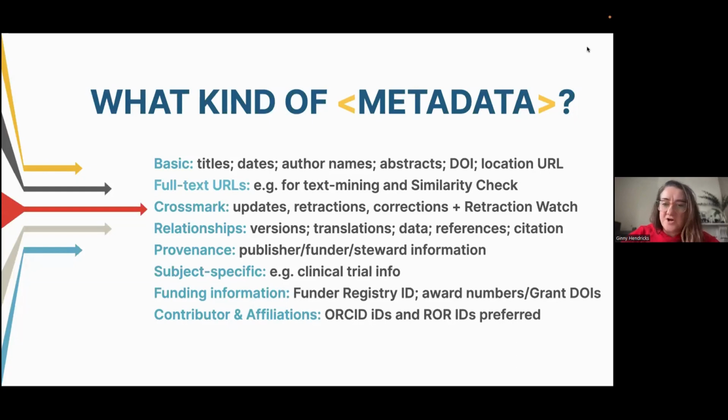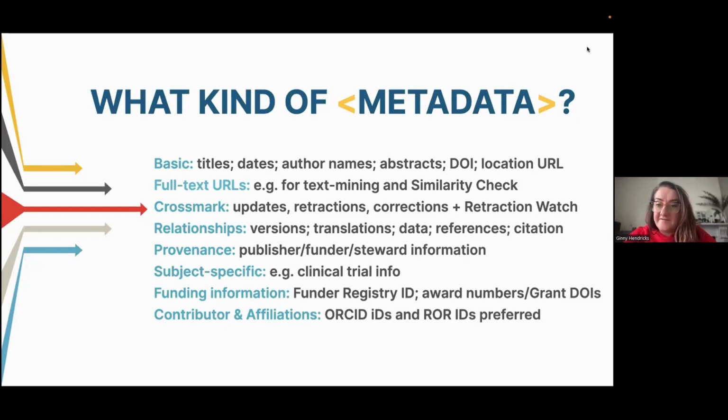Crossref recently acquired the Retraction Watch database of about 50,000 papers that have been flagged for concern or have been retracted. It's not yet within the Crossref API, but it is available openly through Crossref as a CSV file, and we plan to integrate it.